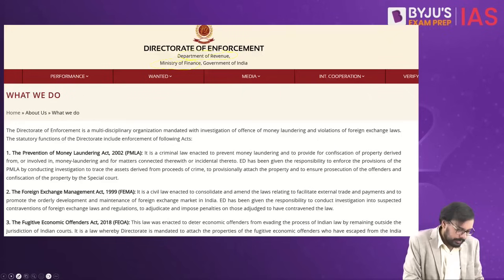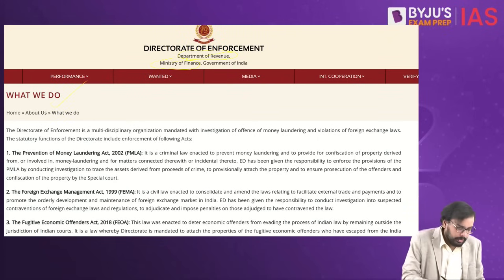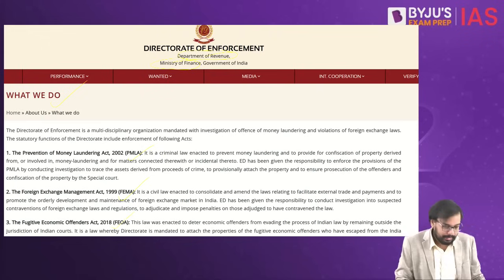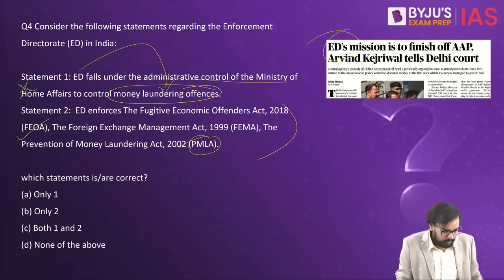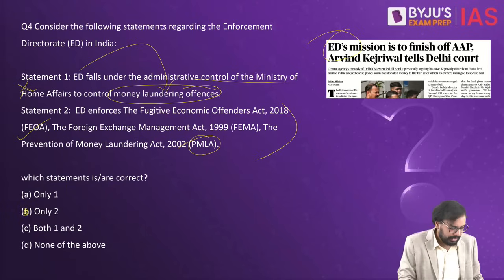If you see ED's website, under what we do, they enforce the PMLA Act, the FEMA Act, and the Fugitive Economic Offenders Act. So these are the three acts that ED is enforcing. So statement 2 is absolutely right. If statement 2 is absolutely right, then the answer has to be B. So B is the answer.